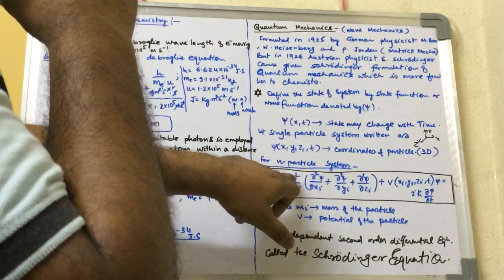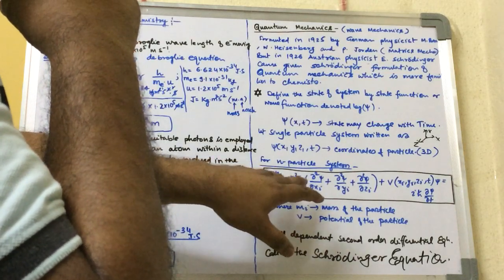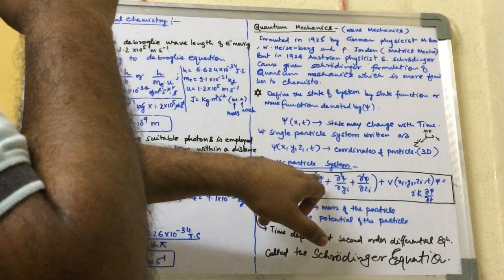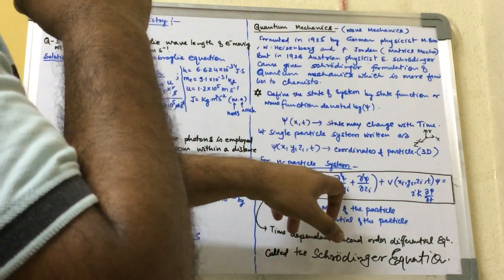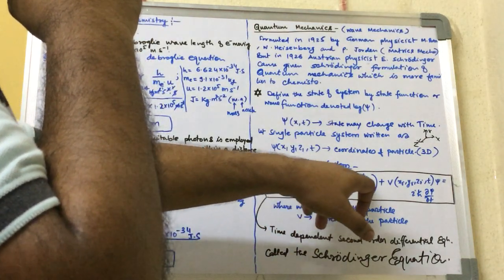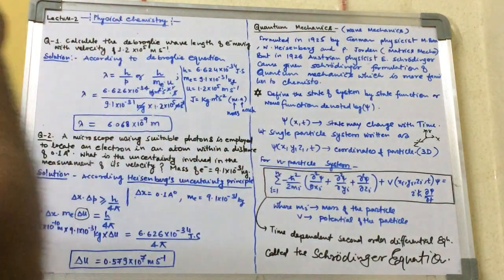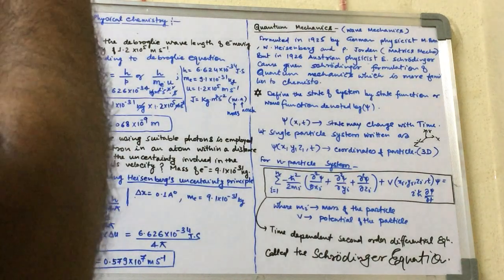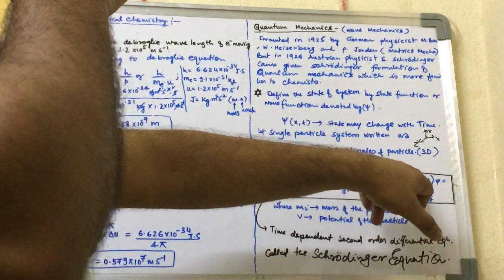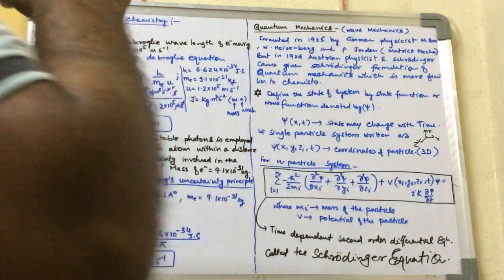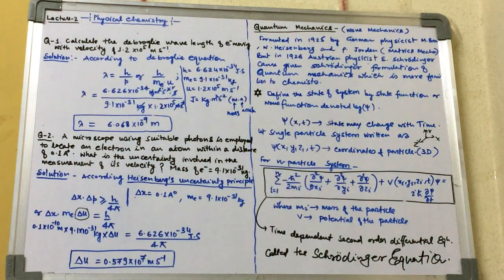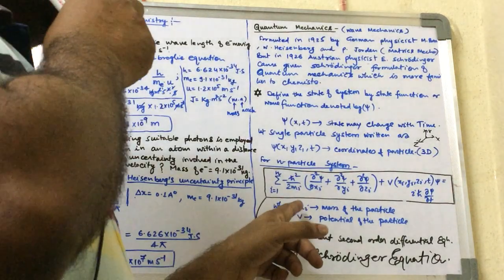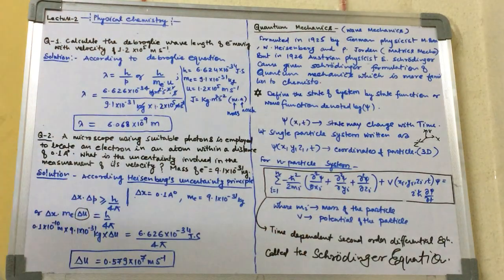This is minus h cut square upon 2 m i, where m i is the mass of the particle, times the double derivative, del square psi upon del x i square plus del square psi upon del y i square plus del square psi upon del z i square, plus V, the potential of the particles, which is also a function of x, y, z i and t, times psi, is equal to i h cut del psi by del t.